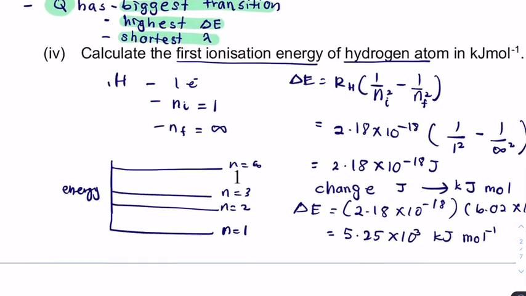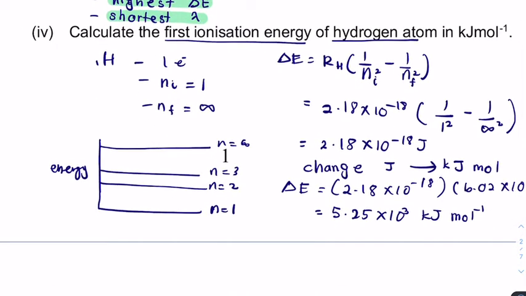Alright, and the next question. Calculate the first ionization energy of a hydrogen atom in kilojoule per mole. So first ionization energy, for a hydrogen atom. You know a hydrogen atom only has one electron, and this electron is at n equal to 1.